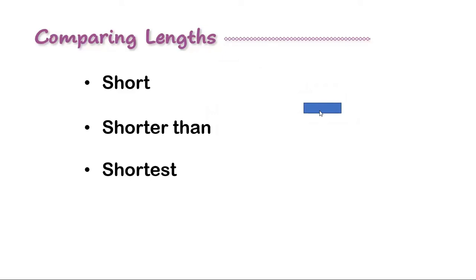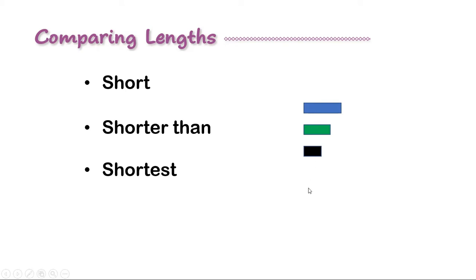You see that the blue bar is short, but the green bar is shorter than the blue bar, and the black bar is the shortest. It is very, very short compared to the green one and the blue one. So we say that the black bar is the shortest.